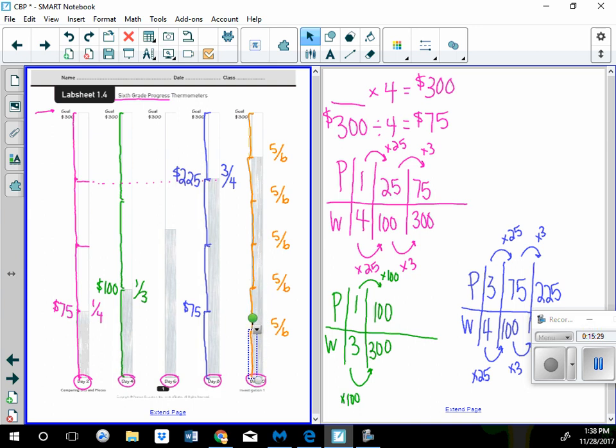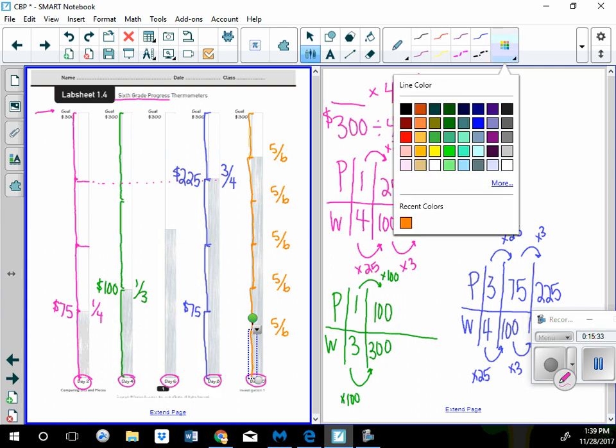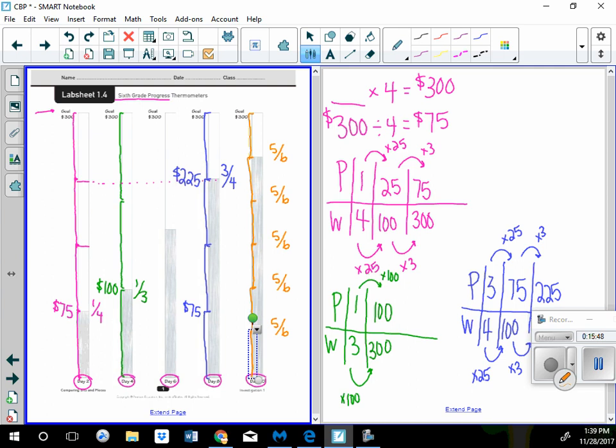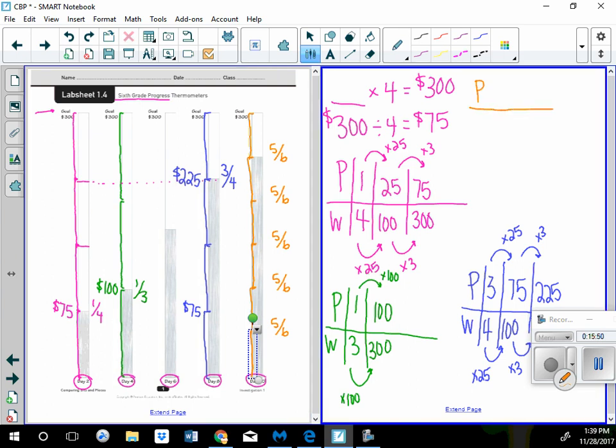let's go back and let's use a way that we can figure out what 5/6 is. What strategy did you guys use? Oh, the ratio. You used the ratio table. Okay. So let's do our part and our whole. What's our part? 5. And what's our whole? 6.